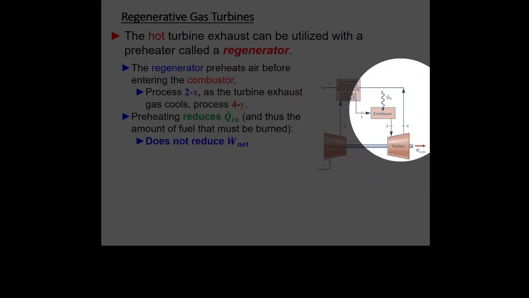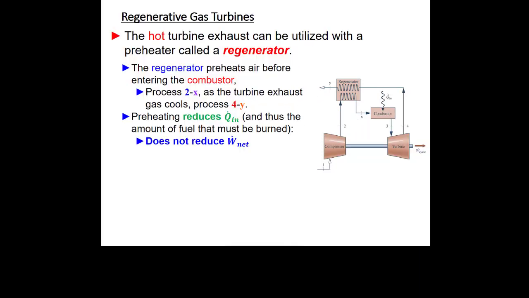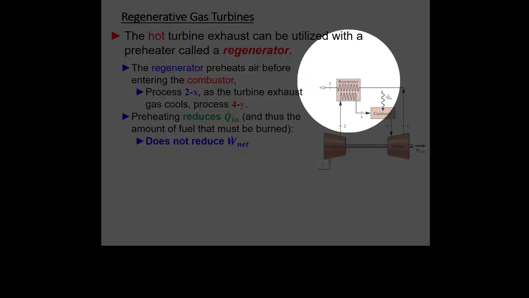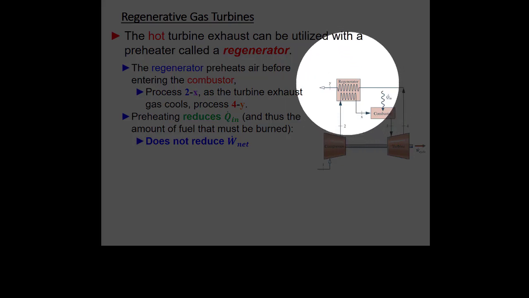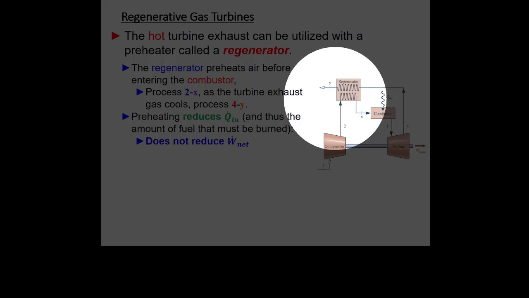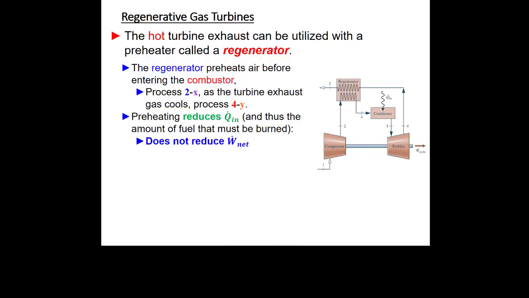But we have this hot exhaust gas that we're just putting out in the environment anyway. So what this regenerator does is it lets heat be transferred from the hot exhaust fluid, which is still hotter than this pre-combusted air, right? So we take some of that heat that we were otherwise just exhausting to the environment and we reclaim it, right? So that means that we burn a little bit less natural gas in our process, right?